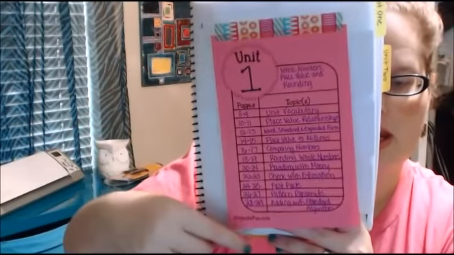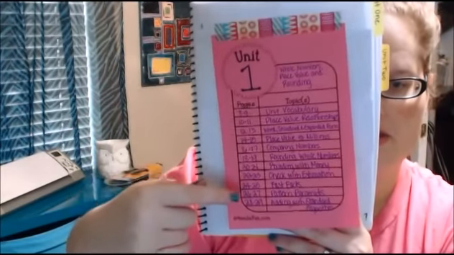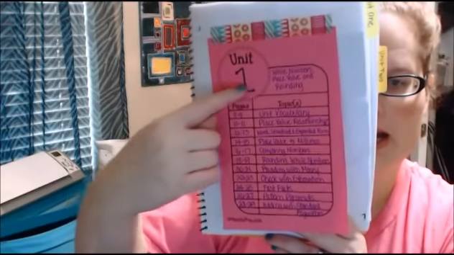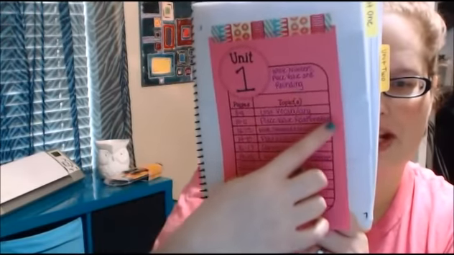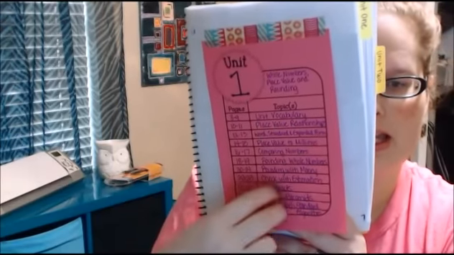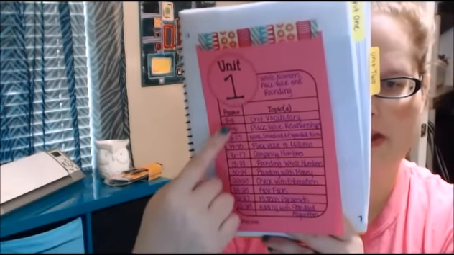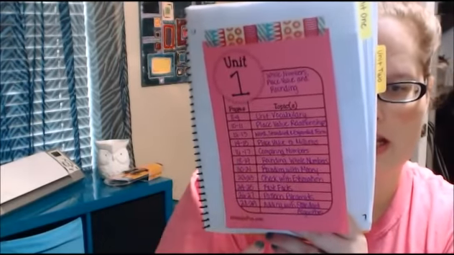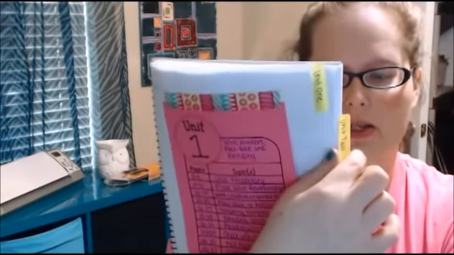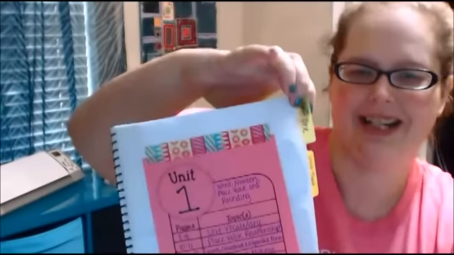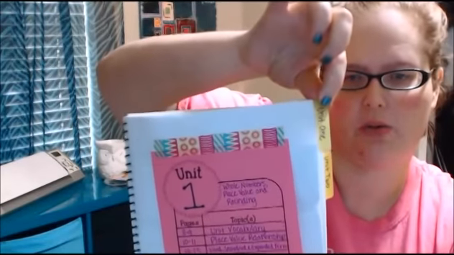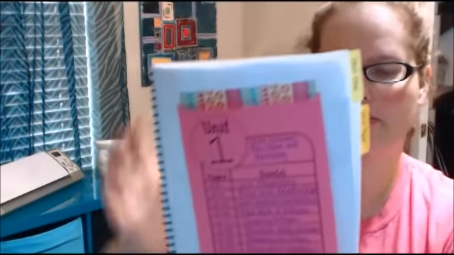Again, it's hinged because this unit has more than 1 page of lessons. And they can write the big number up here, they can write the title of the unit, and then just like a library card, they can fill in the page numbers as well as the topics. You can see I also added a tab right here so that I know this is Unit 1 when my book is closed.